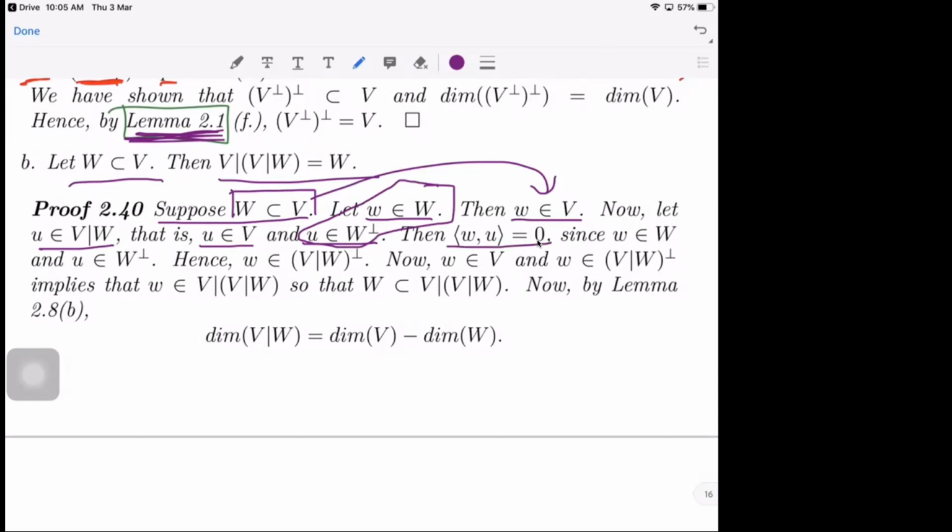Okay, that's the reason. w is in W and u is in W perp. So that w is in the V mod W.